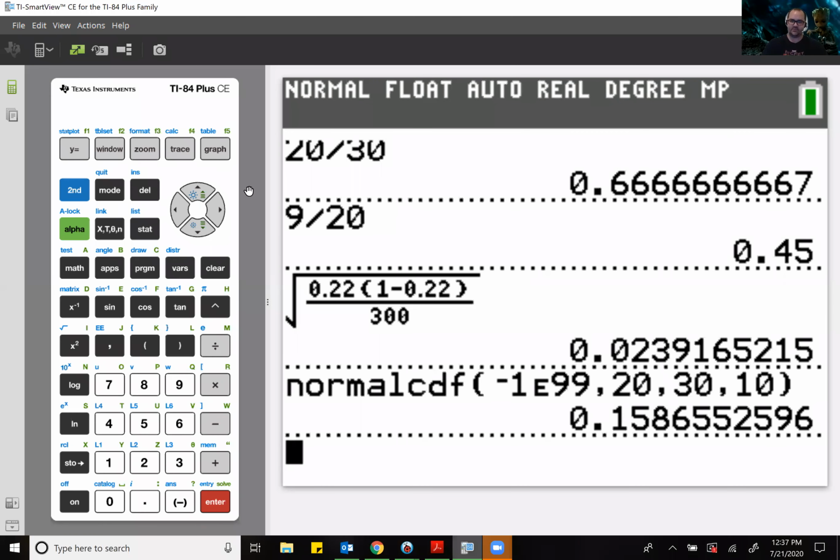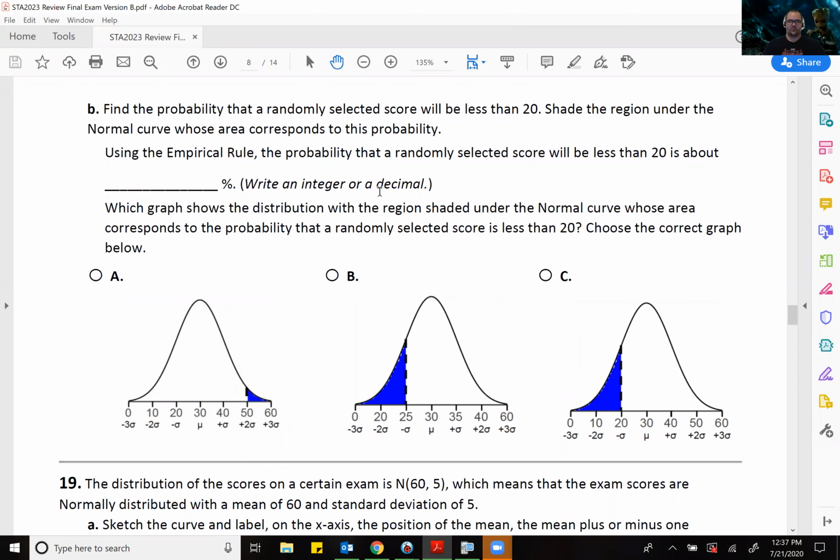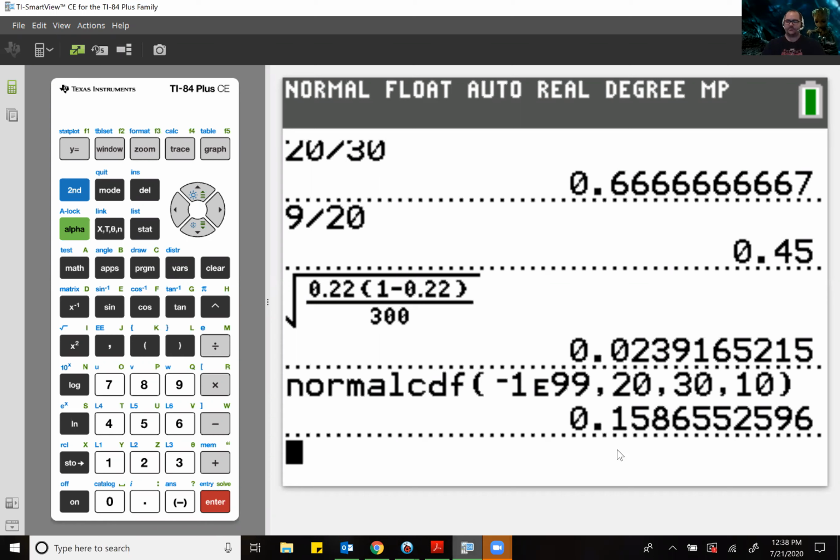So if we convert this to a percentage, we get 15.86552596. Let's see what it wants us to round to. It says write an integer or a decimal. Okay, I get what it's doing. Granted, we got a decimal here, so it doesn't want any rounding.